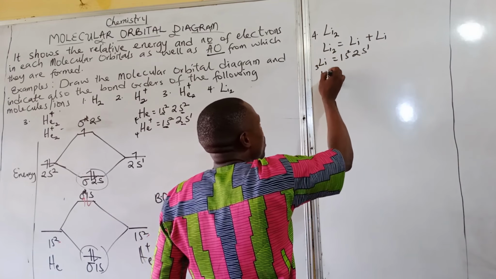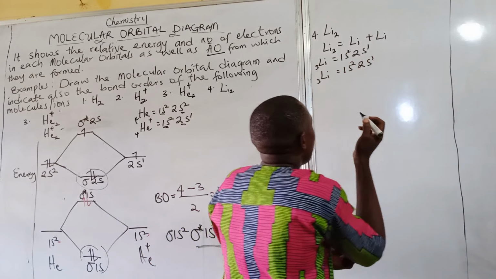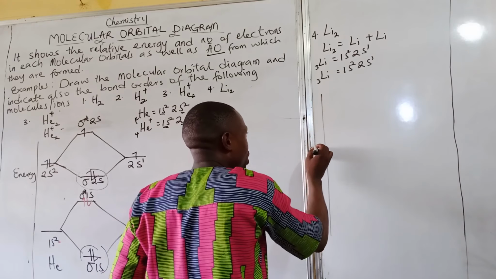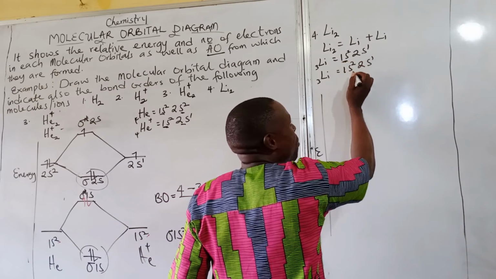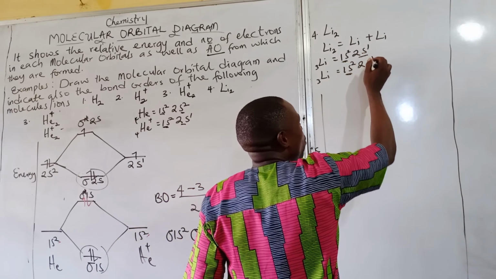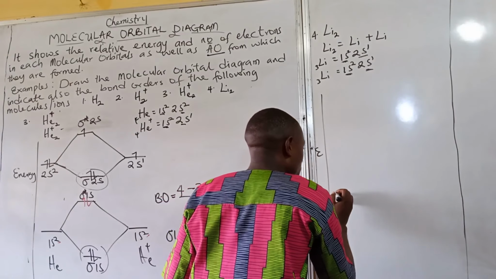The other lithium is also lithium 3, with 1s2, 2s1. Then we drop this 1s2 here, we interact with this 1s2 here. 2s will also interact with 2s1 here.